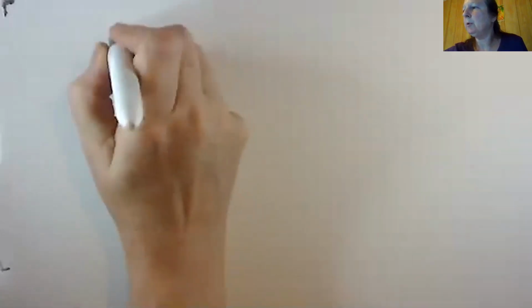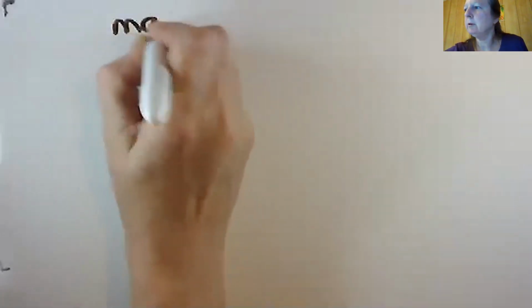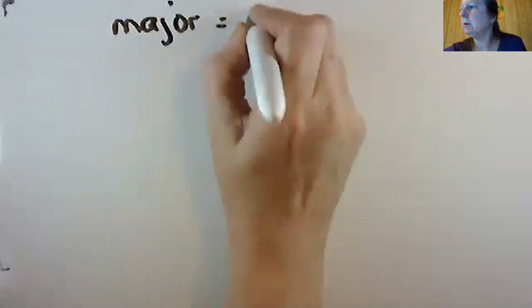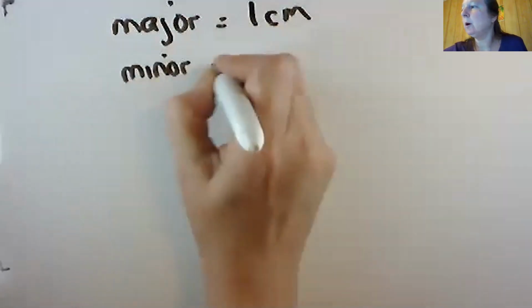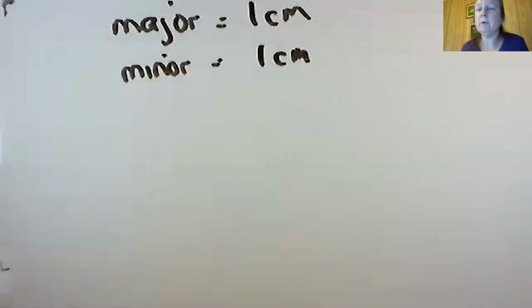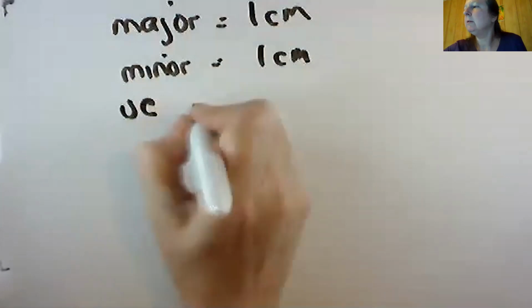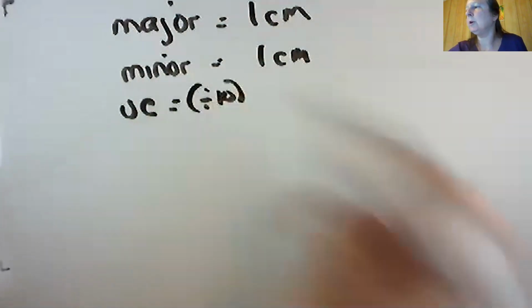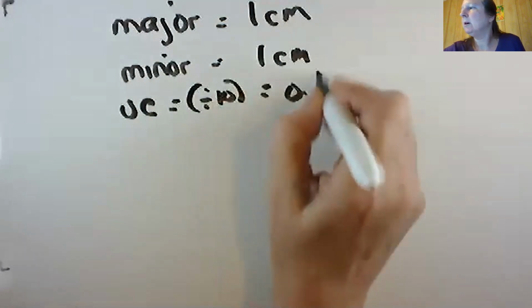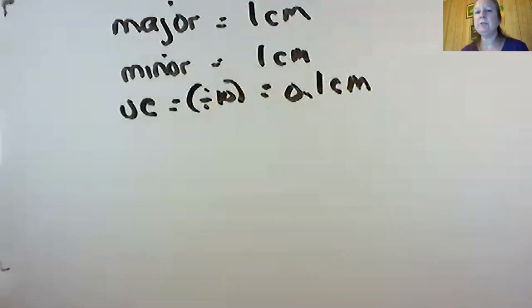So the example, the major was 1. But the minor was also 1. It's okay. There was nothing else. Uncertainty is this divided by 10. I'll put it in parentheses. Okay. So that's my uncertainty.